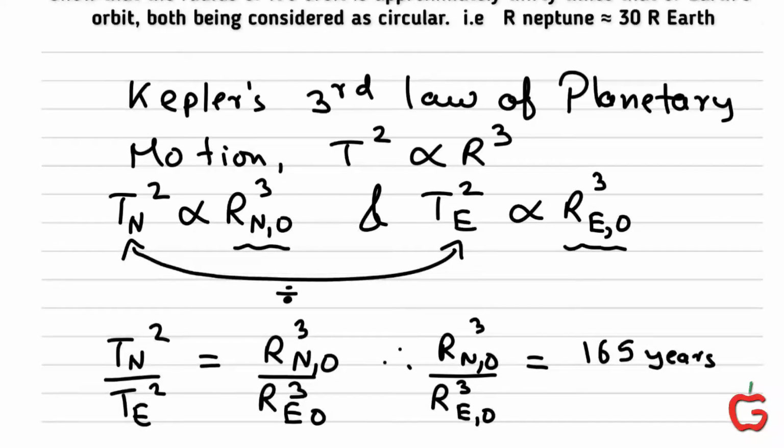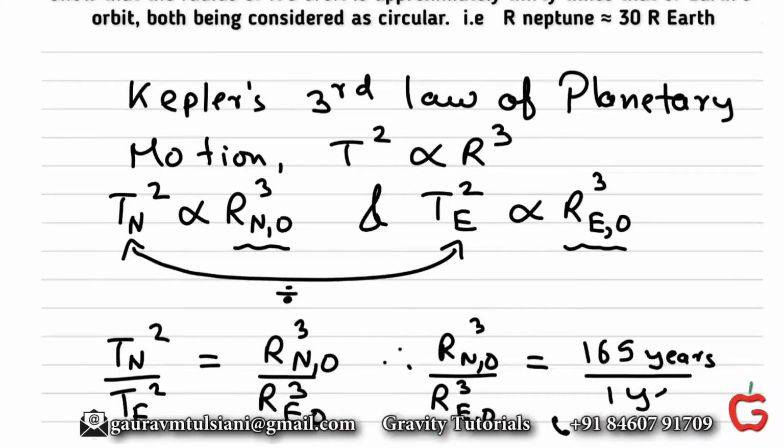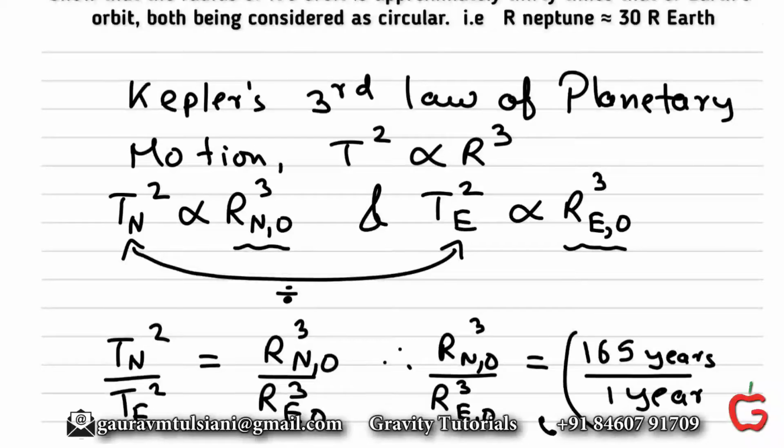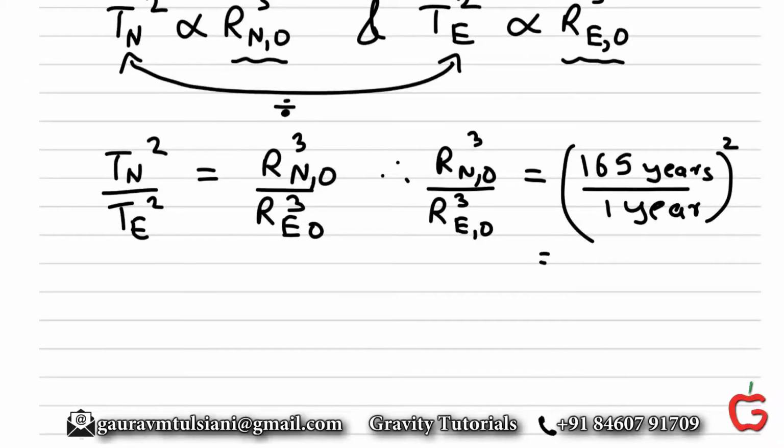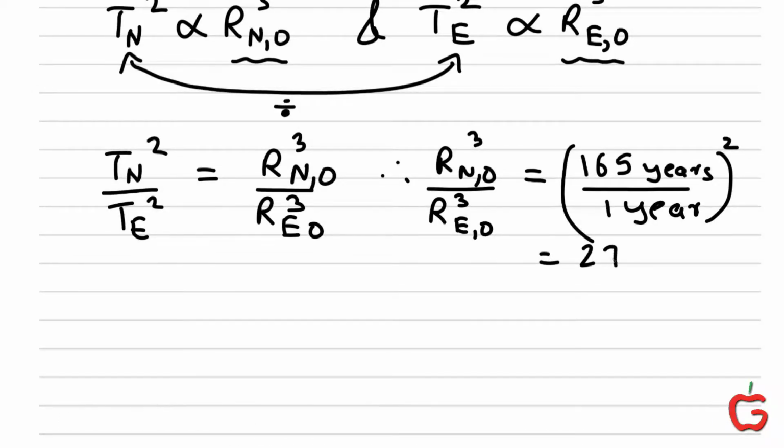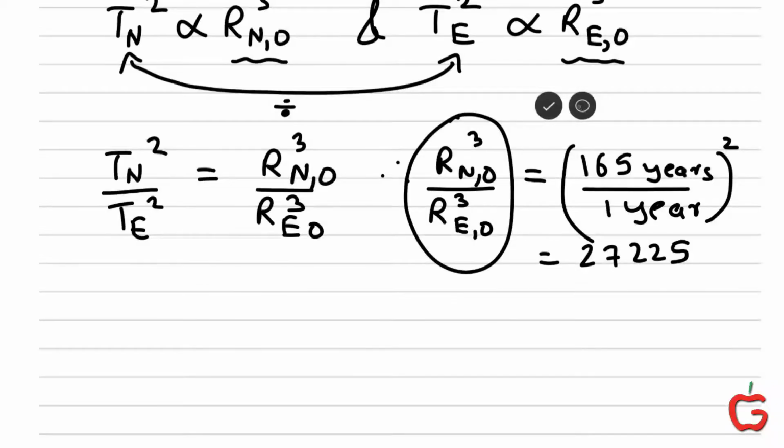Let me write it down here. 165 years is to Earth's time period around the Sun, which is 1 year. So the square of this is 27225.